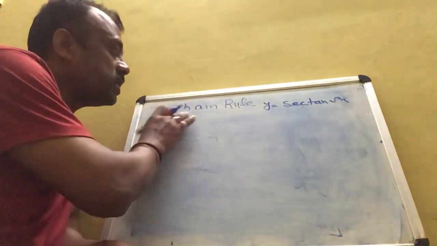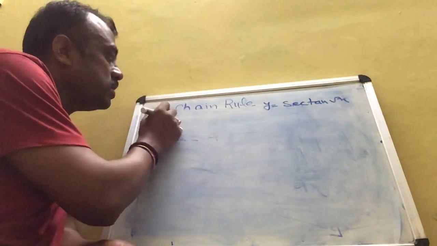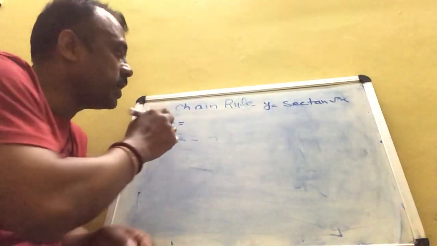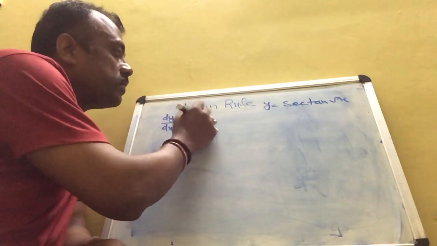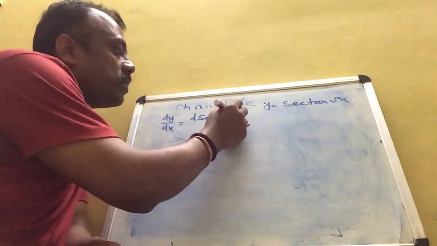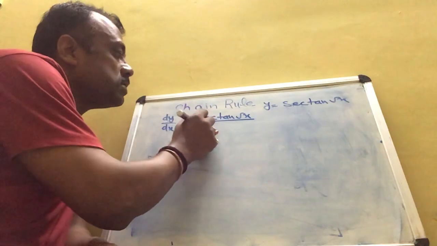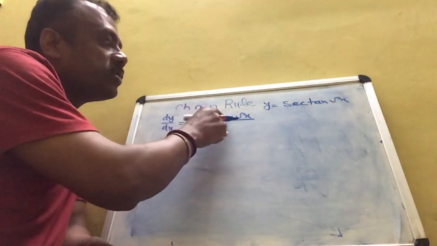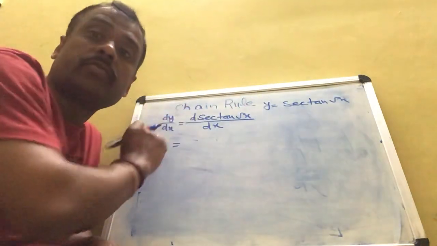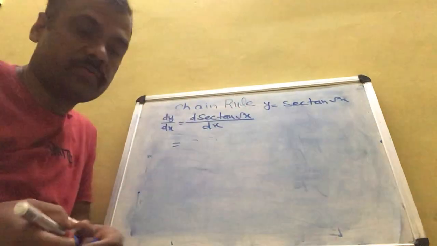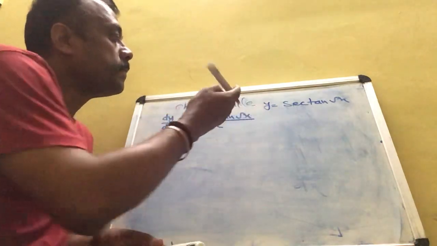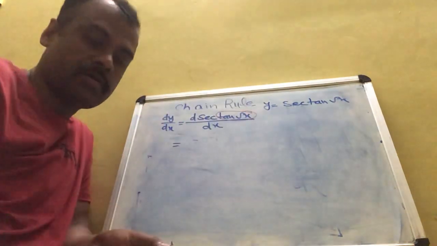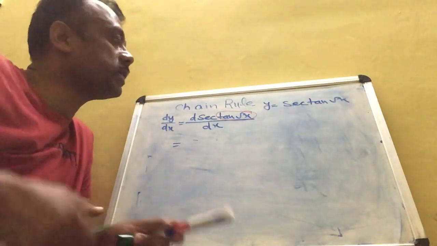So using the chain rule, differentiating it with respect to x, we will write d/dx of sec of tan of root x. Now since the sec function is a function of what? Tan of root x, and tan is a function of what? Tan is a function of root x.